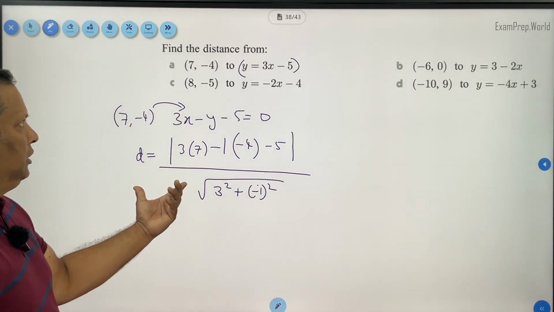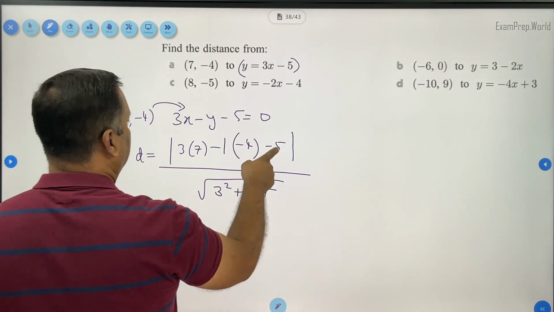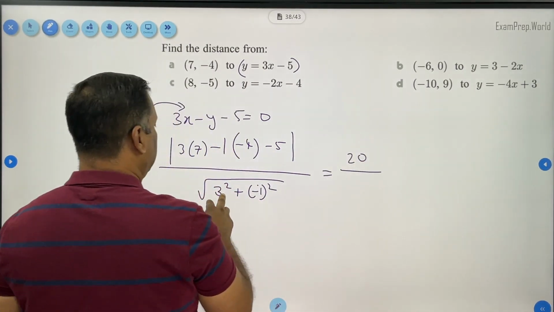You calculate this, you will get the distance. So it is 21 plus 4, 25 minus 5, 20, 20 by root 10.